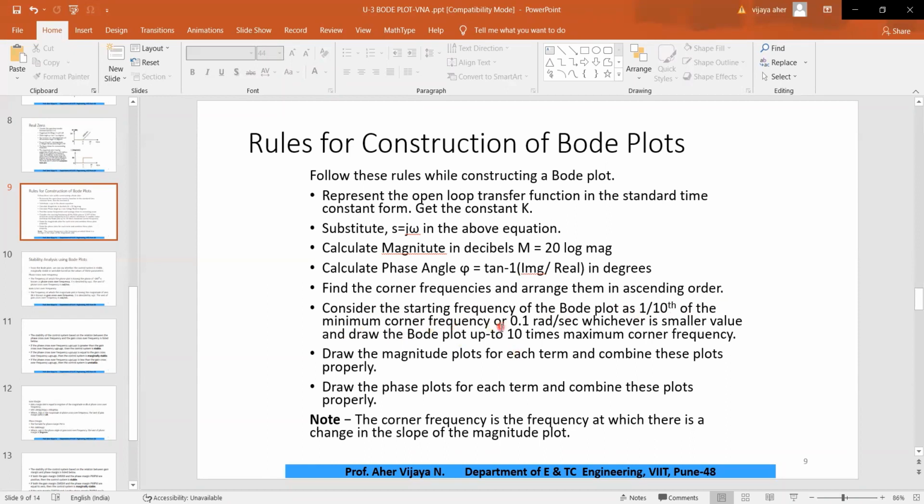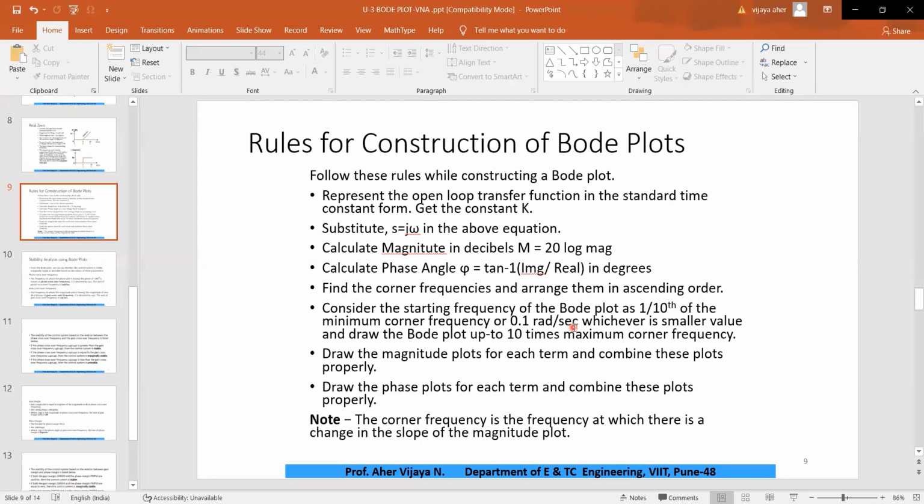In the last lecture, I explained that we started with omega equal to 0.1 radian per second. The same thing is given over here. Whichever is the smaller value, we have to consider. So 1/10 means 0.1 radian per second.